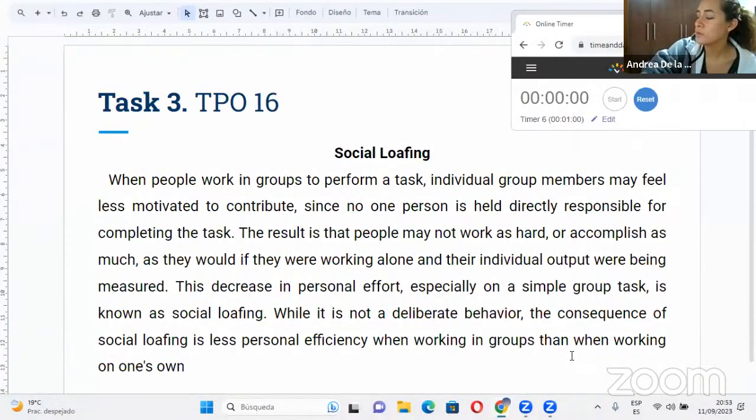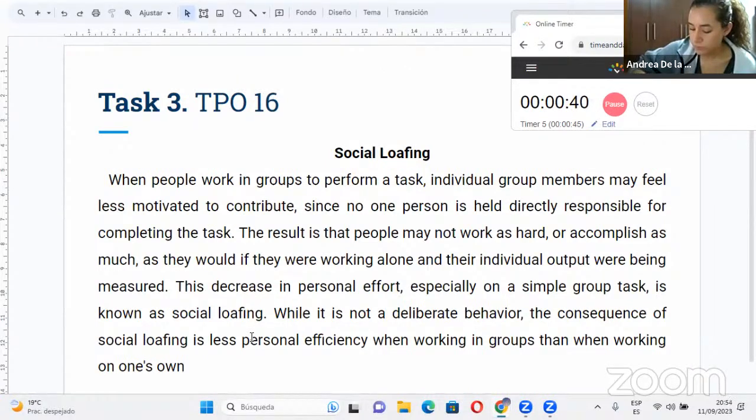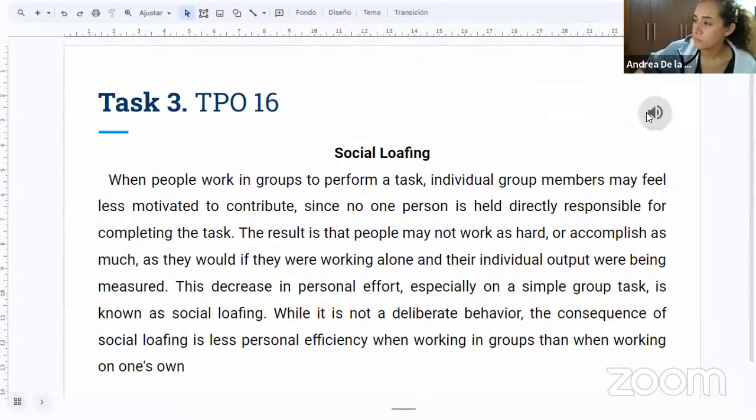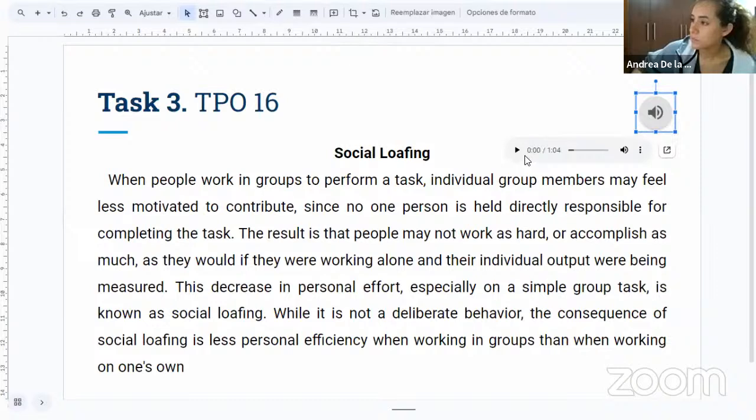Right now you have 45 seconds to read the text. Listen to part of a lecture in a psychology class.